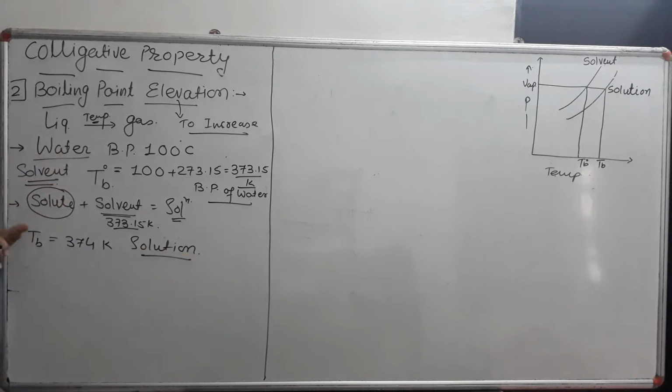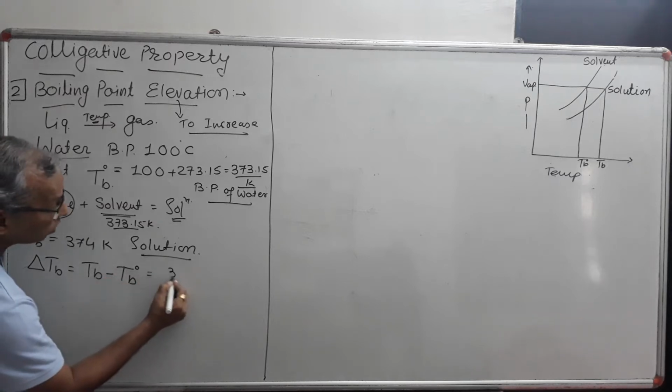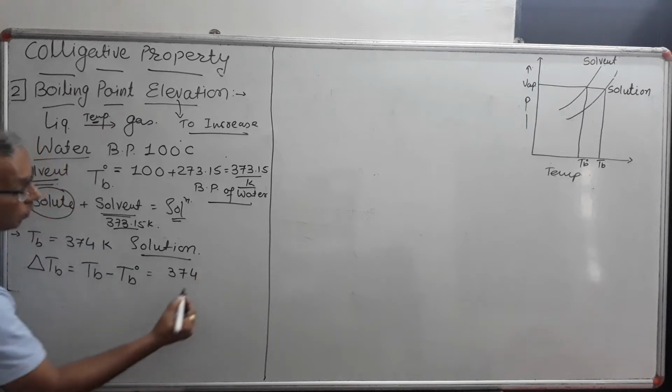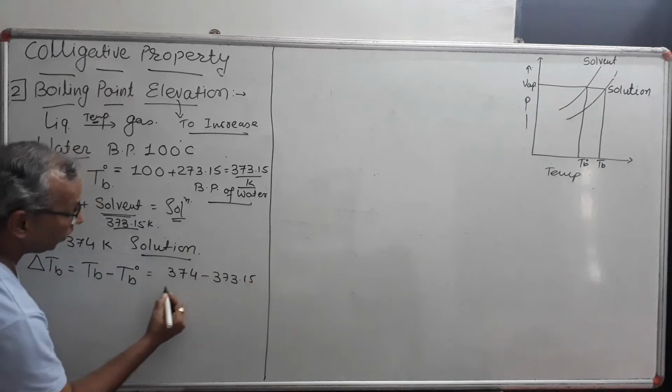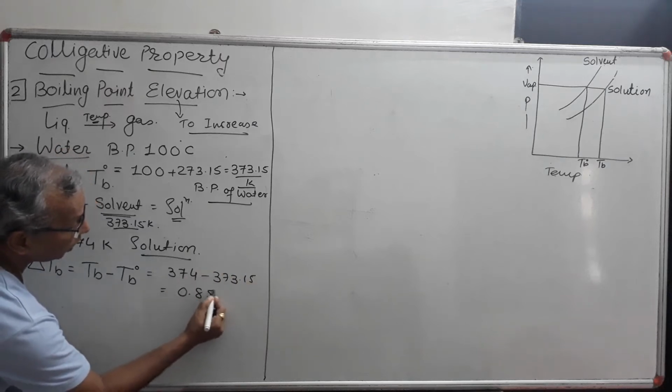Suppose we consider it TB. So what is the difference? The difference, delta TB, is equal to the final boiling point, that means the boiling point of the solution, minus the boiling point of the solvent. So 374 minus 373.15 is 0.85.